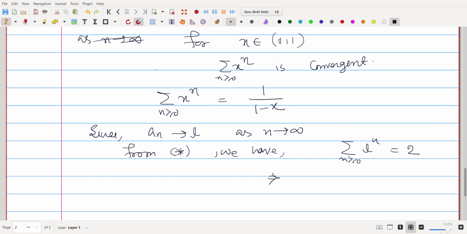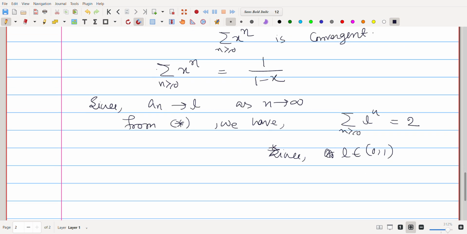And since a_n converges to L, L also belongs to (0,1), because a_n is monotonically decreasing and converges to some value L. So this will imply 1/(1-L) equals 2. So that means 1 - L equals half. This will imply L equals half.